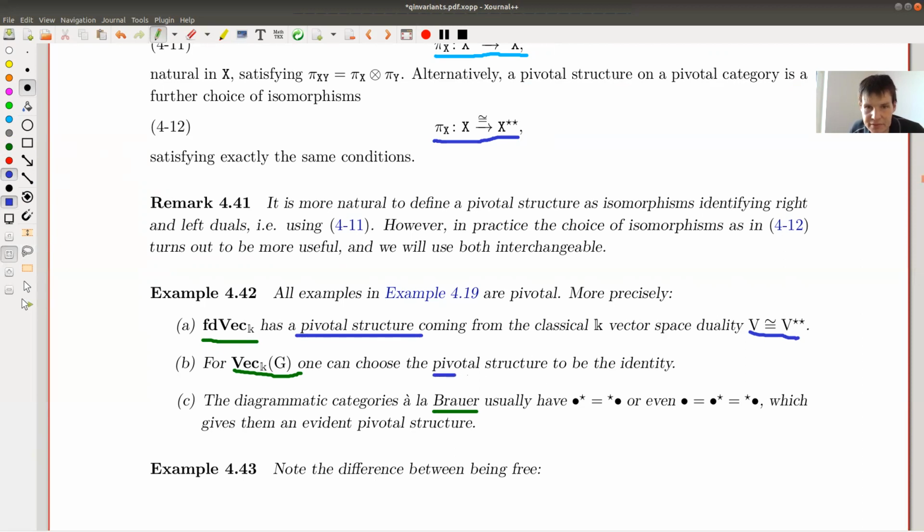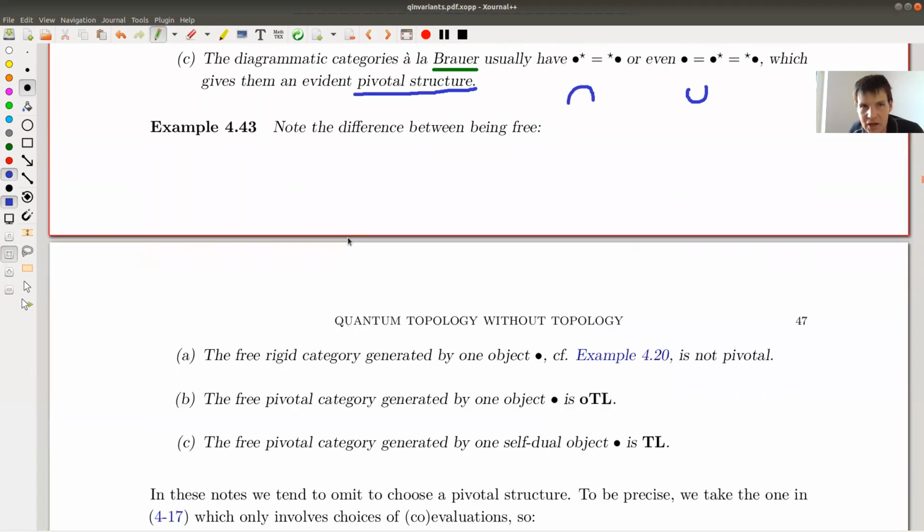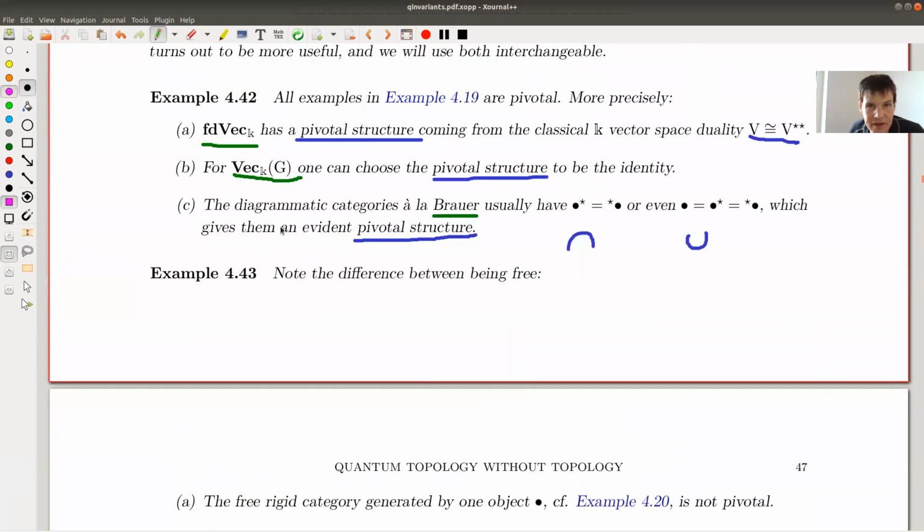Here the pivotal structure would be the identity, and here the pivotal structure is, well, what do you think it is? What do you think it is? Okay. Right. So all of our favorite examples are pivotal.